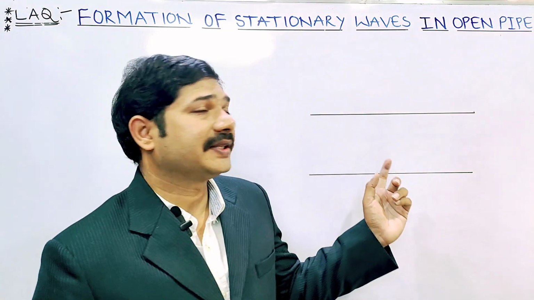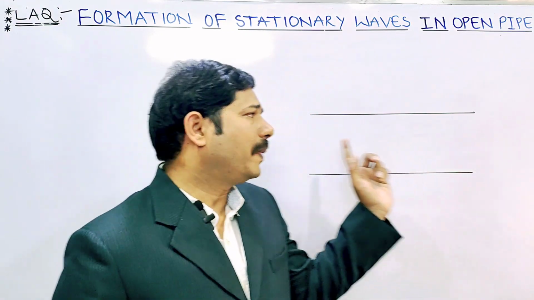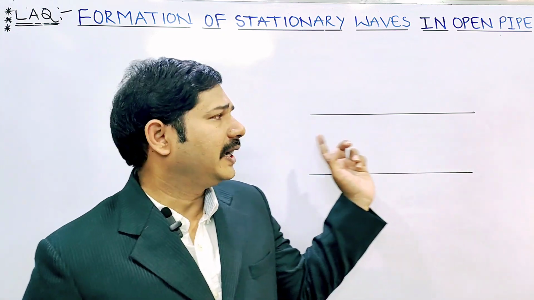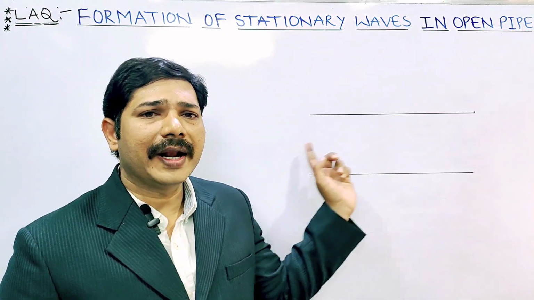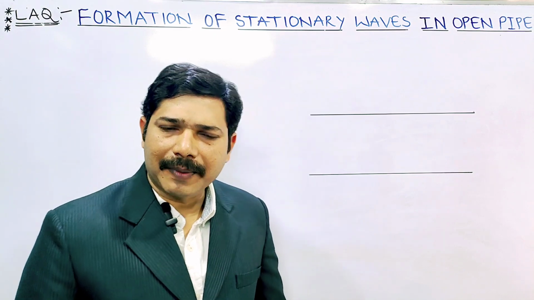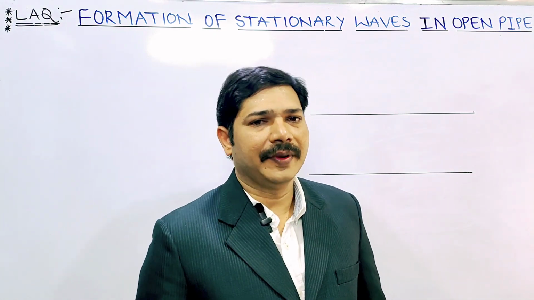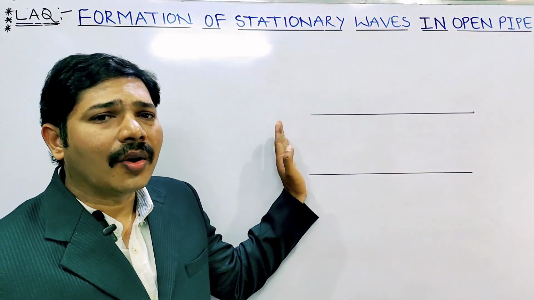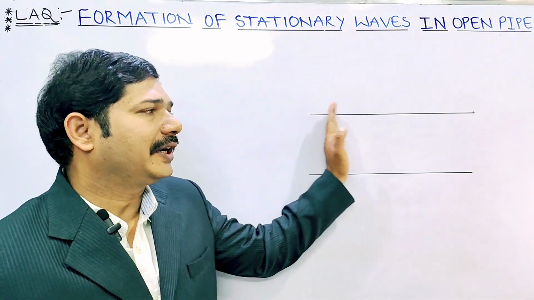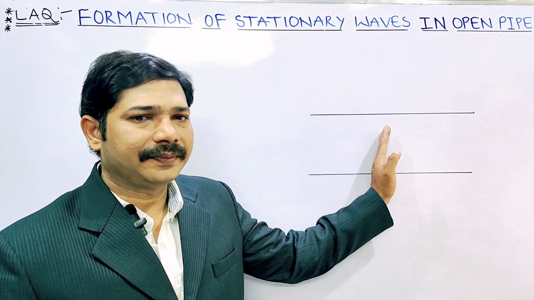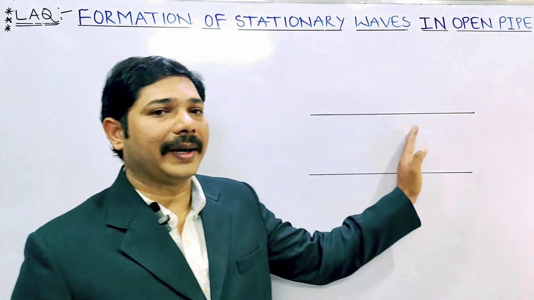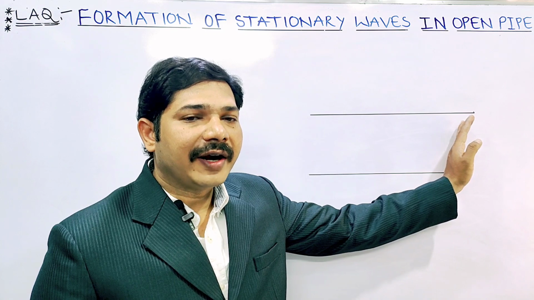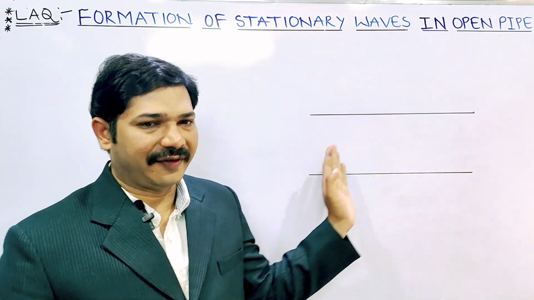Here open pipe means a pipe which is open at both the ends, a cylindrical pipe which is open at both the ends. That pipe is called an open pipe. Whenever a sound wave is sent through one open end, what happens? It travels through the pipe, and from the other end it is reflected due to pressure difference.